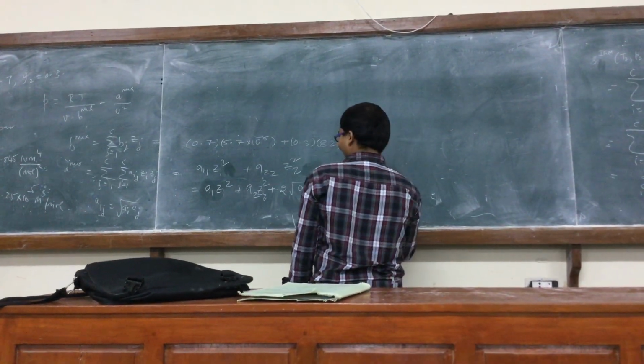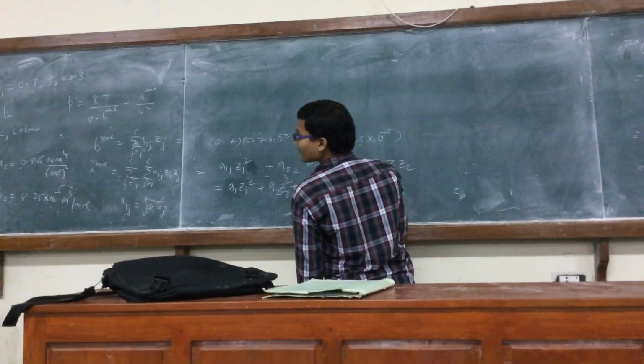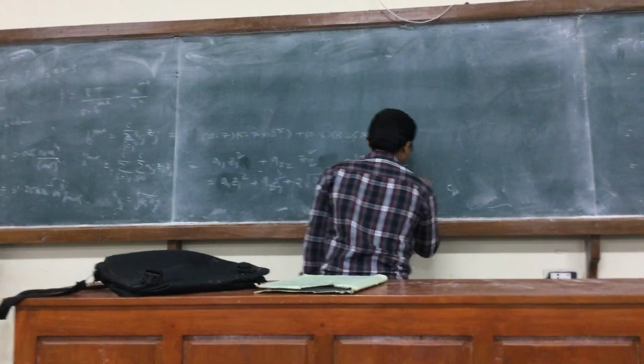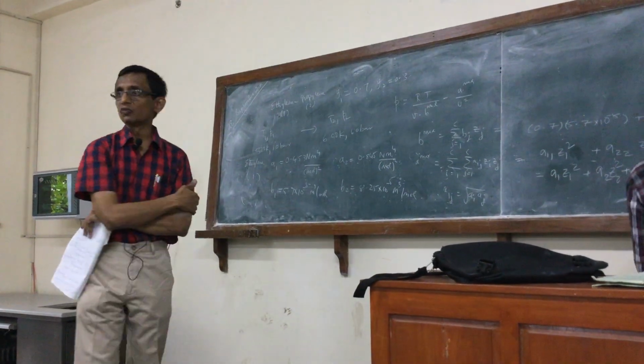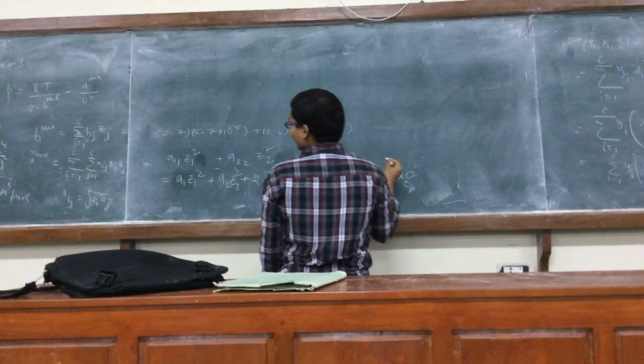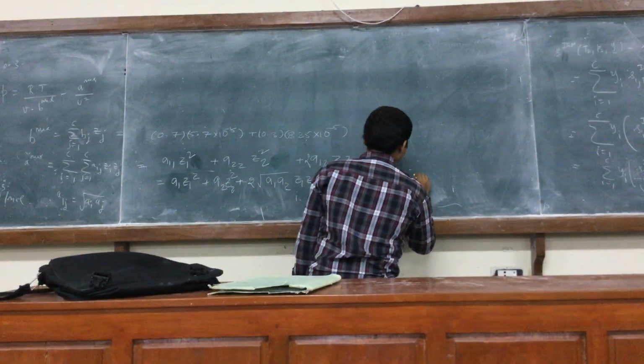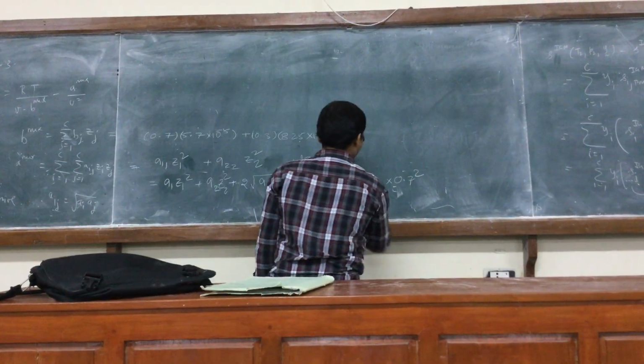Yes, so now at least A we can substitute the numbers, 0.453. What is Y1 squared? 0.7 squared, 0.49. Yes.